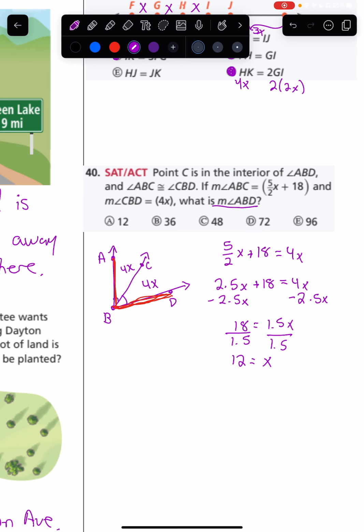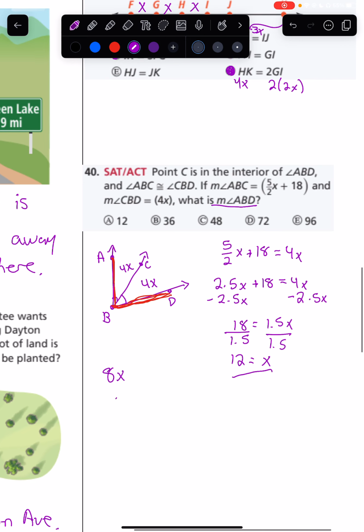So I know that the entire angle ABD is just 8 x's. And I know x equals 12, so that tells me that 8 times 12, which is 96, is equal to the measure of angle ABD. And I would have gotten the same answer if I had plugged in 12 for 5/2 x plus 18, but this was just easier. So 96, or E, is going to be the answer there.